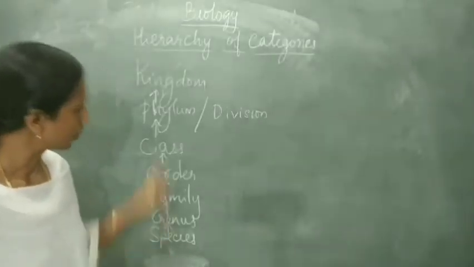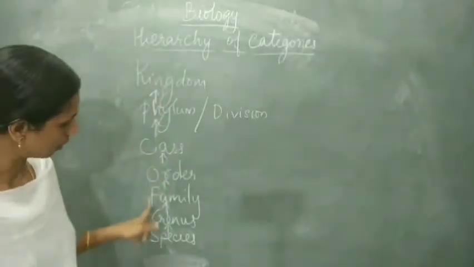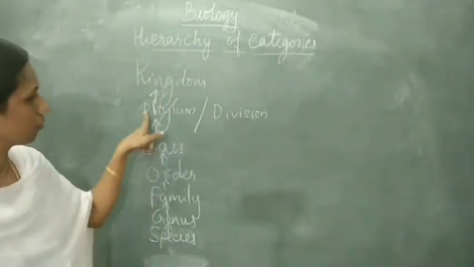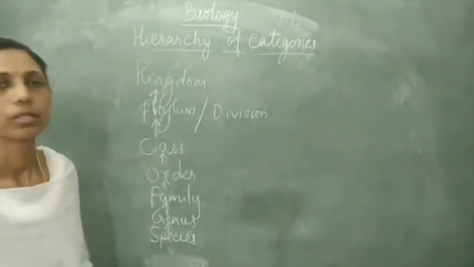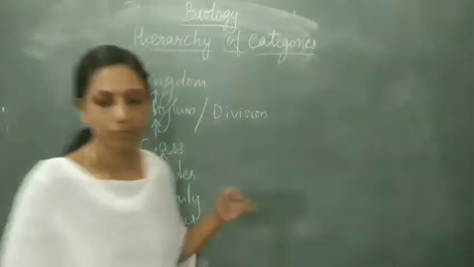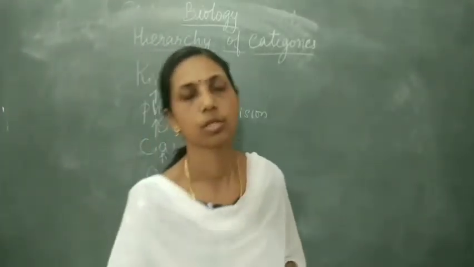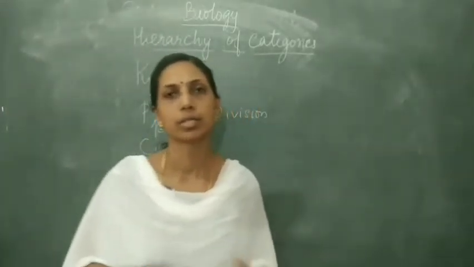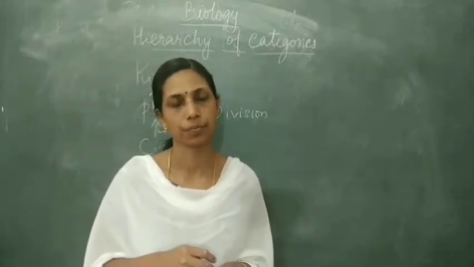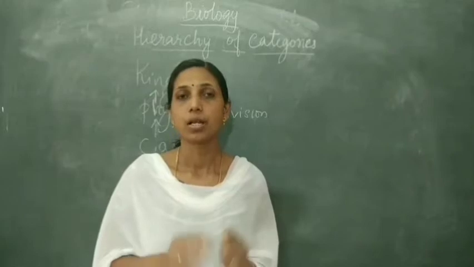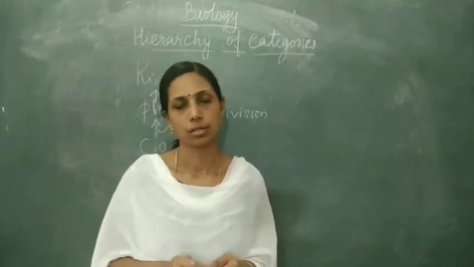Then if we move from species to kingdom: species, genus, family, order, class, phylum, kingdom. These are the 7 categories, and all living organisms are arranged into these categories. Species is the lowest level of classification.